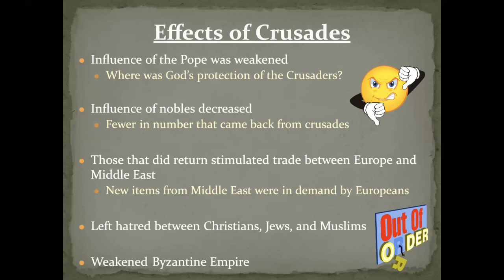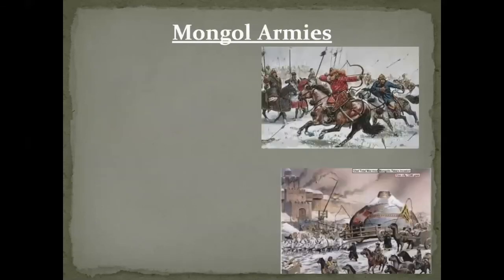But again, thinking about how those that did return stimulated trade between Europe and the Middle East, because new items from the Middle East were in demand by Europeans now that they had gone to Jerusalem. And the religious strife, leaving hatred between Christians, Jews, and Muslims, and the overall weakening of the Byzantine Empire.